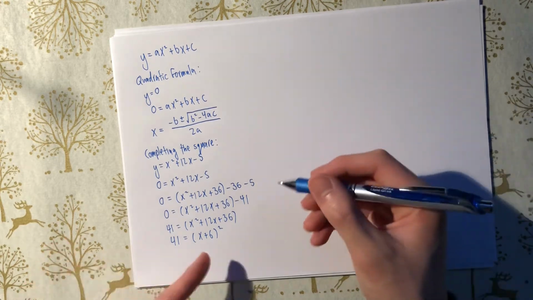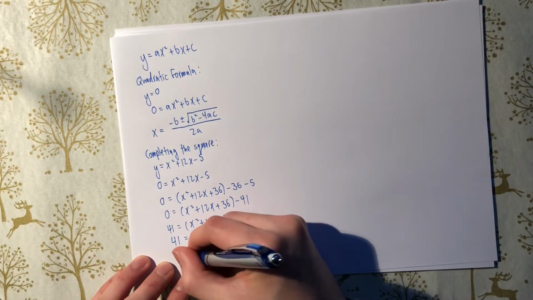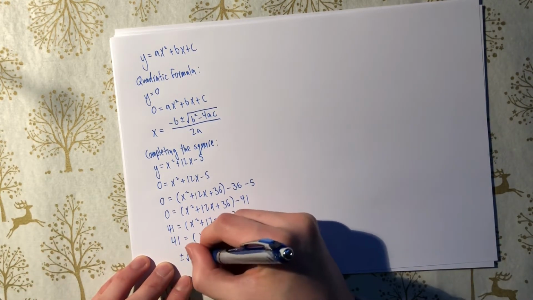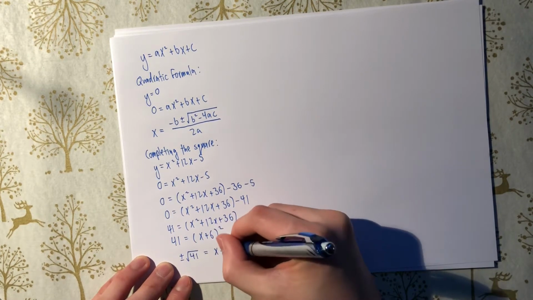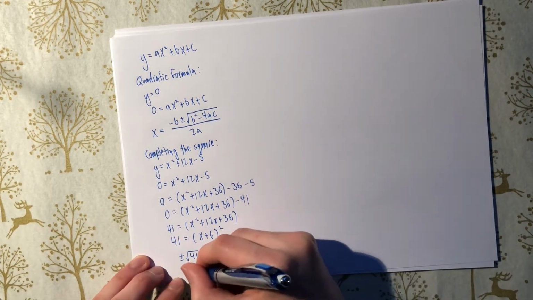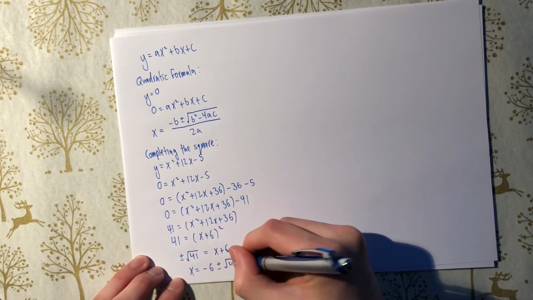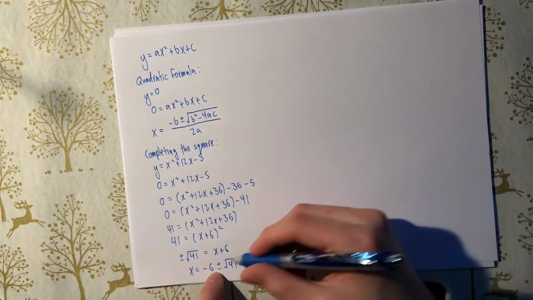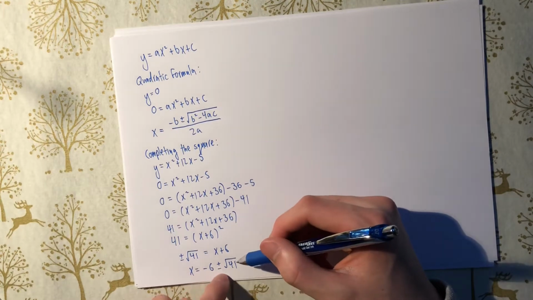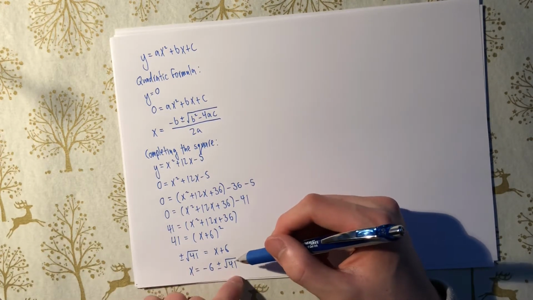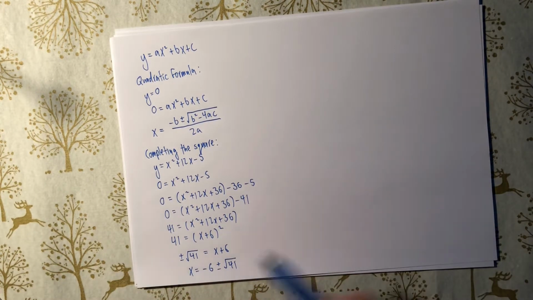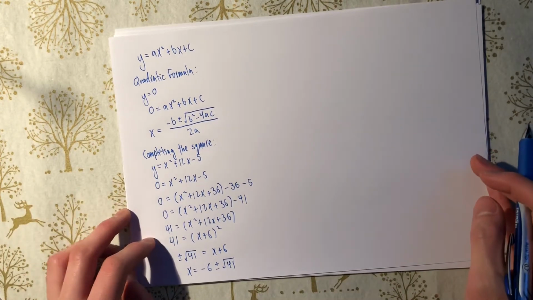So we take the root of both sides. We have plus or minus the root of 41 equal to x plus 6, and therefore x is equal to minus 6 plus or minus root 41. These are the two roots of the equation: minus 6 plus root 41 and minus 6 minus root 41. So that's how you can find the roots of these equations.